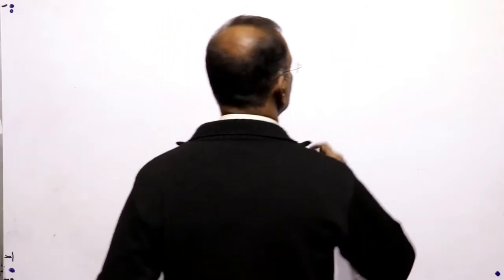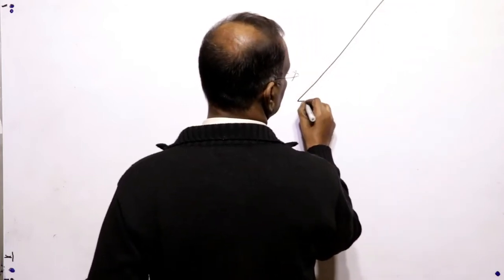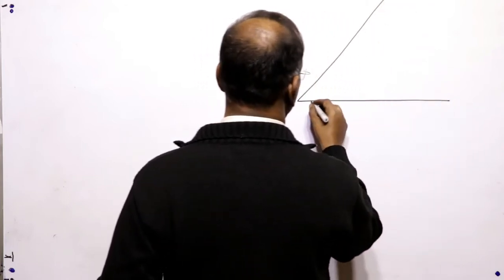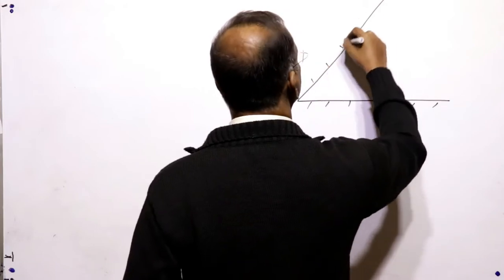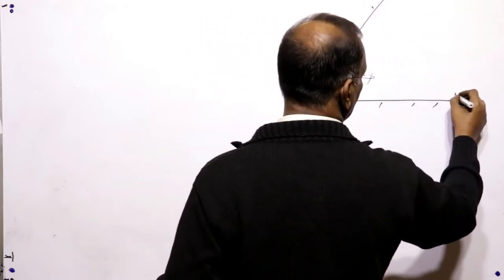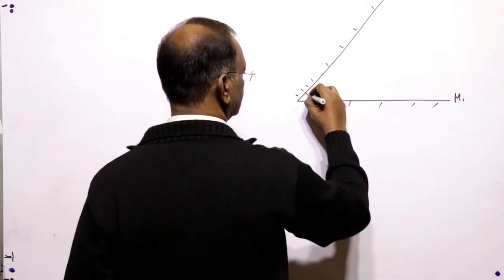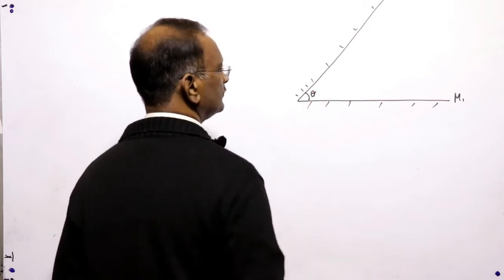If two plane mirrors are inclined at an angle theta, this is M2, this is M1, and both are inclined at an angle of theta.